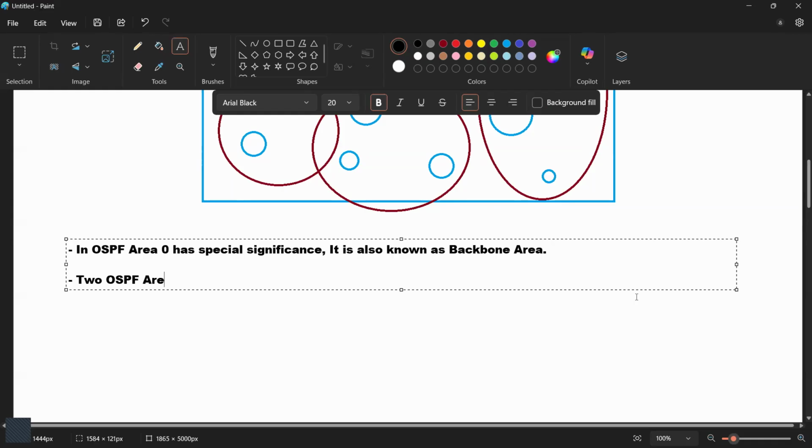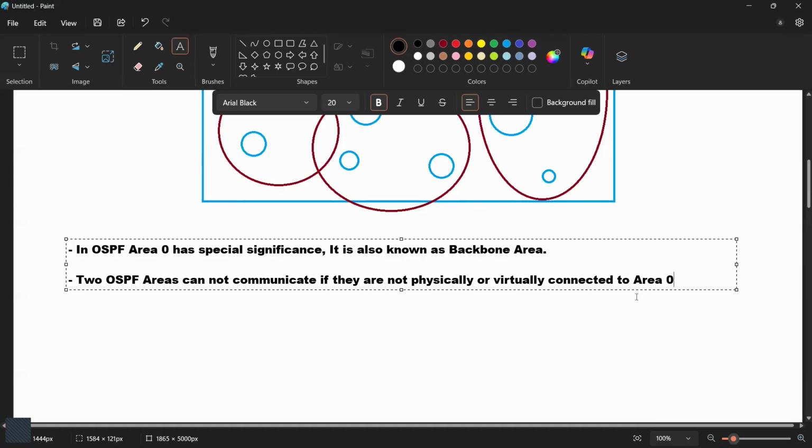Two OSPF areas cannot communicate if they are not physically or virtually connected to area 0.